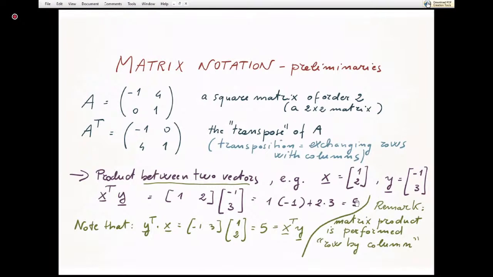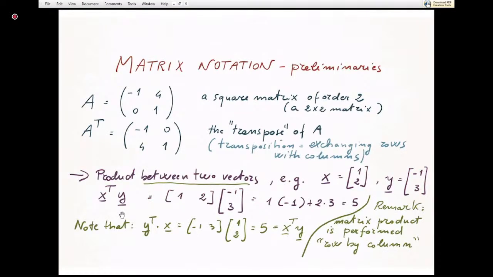So this is a scalar. Remember that the result of the product between 2 vectors is a scalar. It's not a vector. It's not a matrix, if the product is performed in this way, row by column.